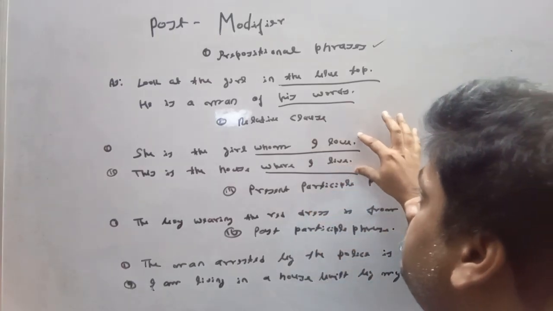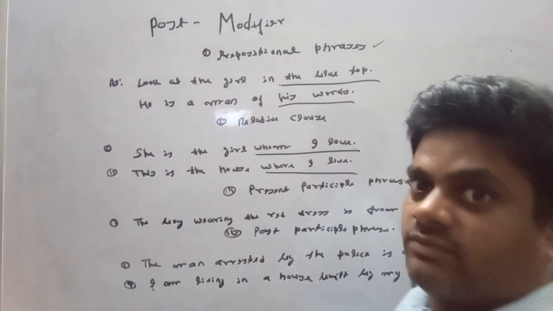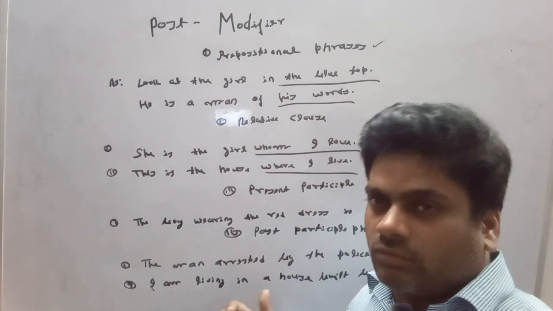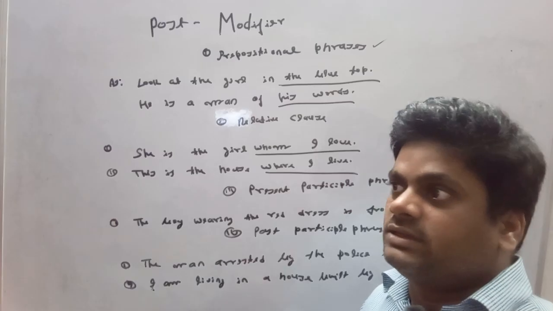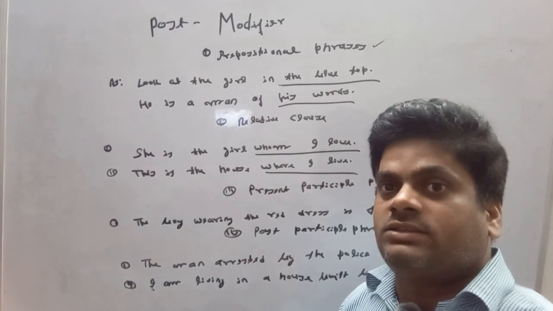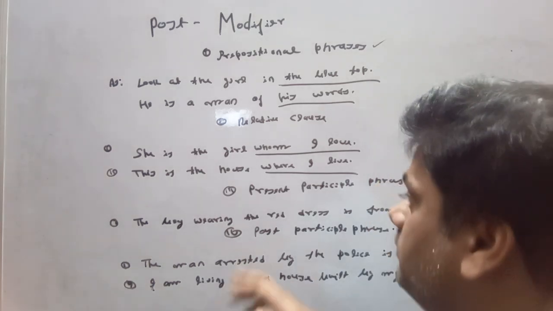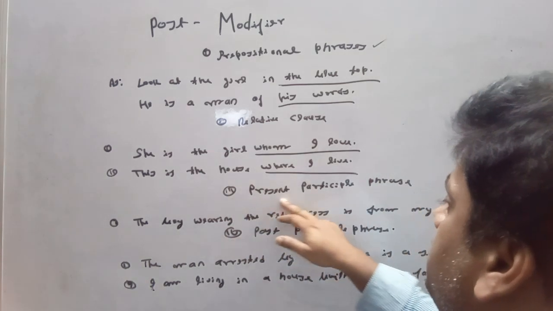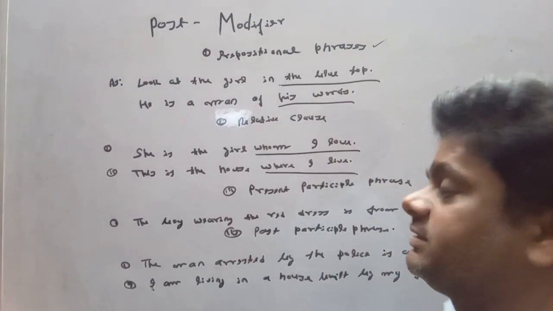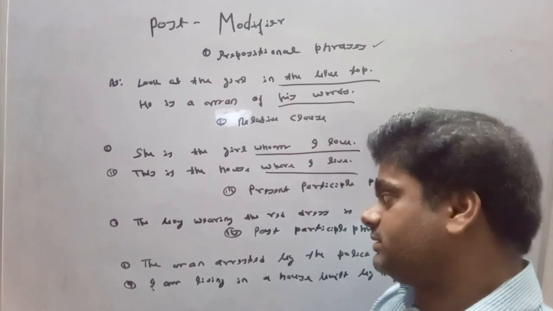So guys, these are relative clauses, and a relative clause can work as a post modifier, because a relative clause comes in a sentence just after a noun and tries to modify the noun used before it. Apart from this, there is the present participle phrase, and a present participle phrase can also work as a post modifier in a sentence.